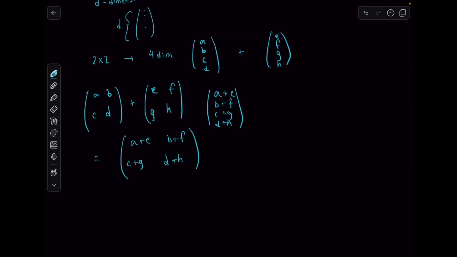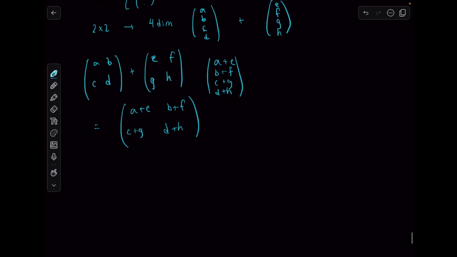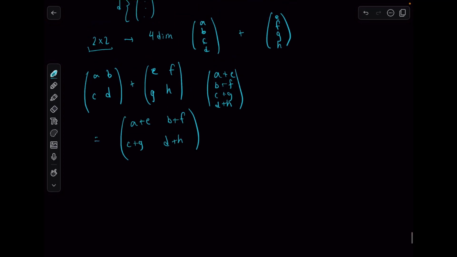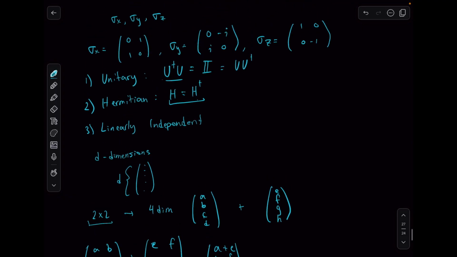So this idea of spanning an entire space with some set of vectors or matrices works for both vectors and matrices. Now, that would mean that a 2x2 matrix space, in this idea of linear combinations, is kind of equivalent to a four-dimensional vector space. And we already have three linearly independent matrices to work with.